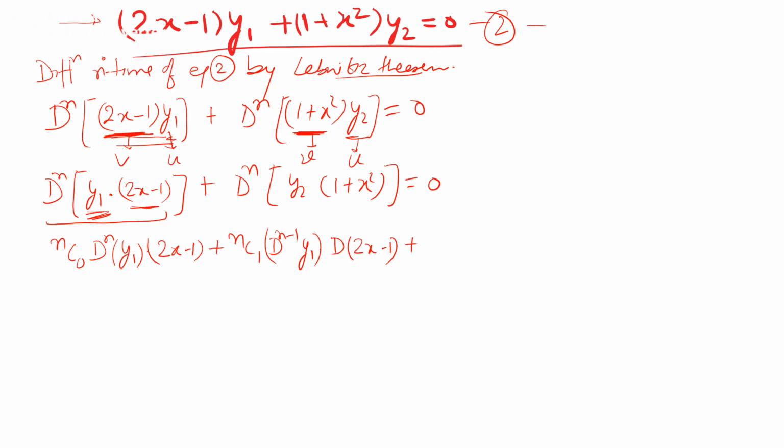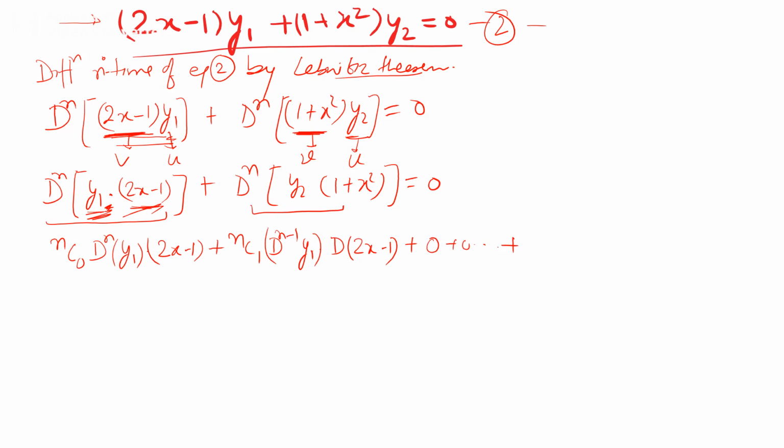Now if you write the third term of that series, you get nC2 (n minus 2)th derivative of y1 and the second derivative of 2x minus 1, which becomes 0. So there is no need to write the other terms.